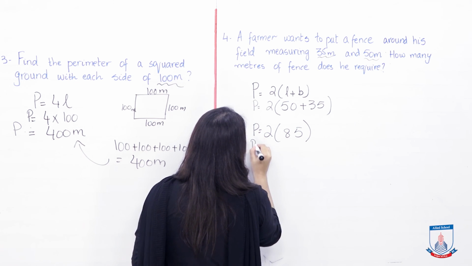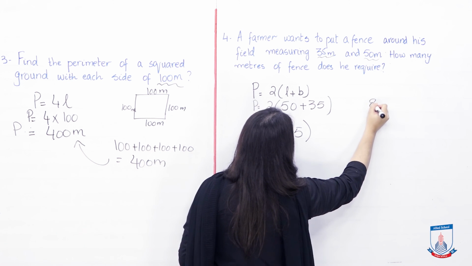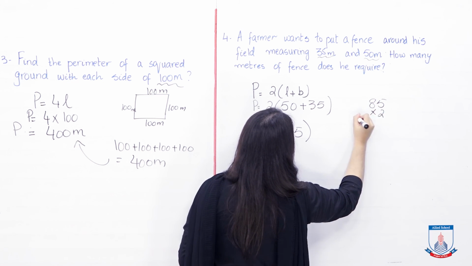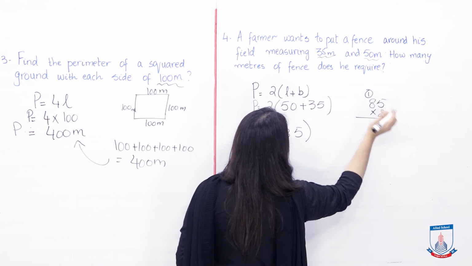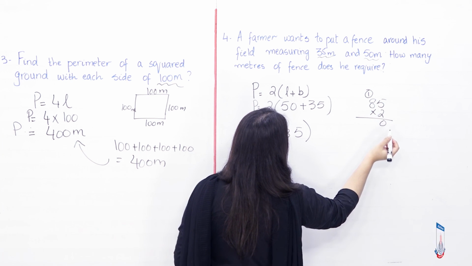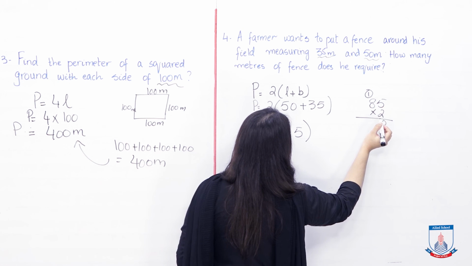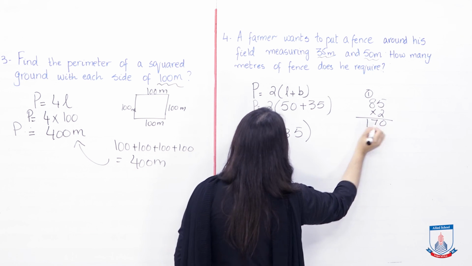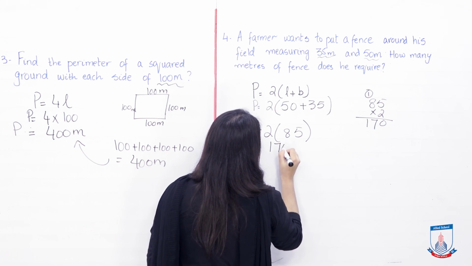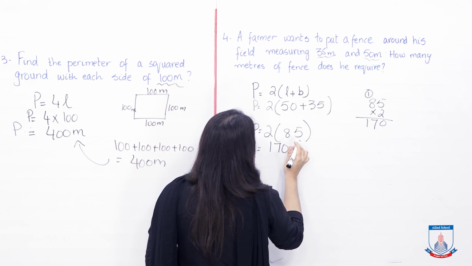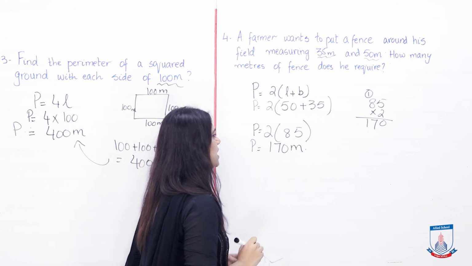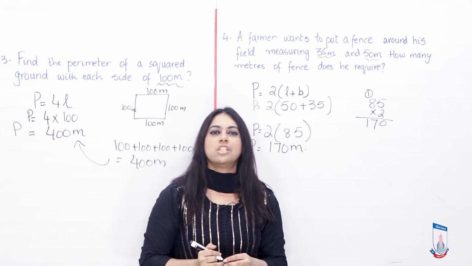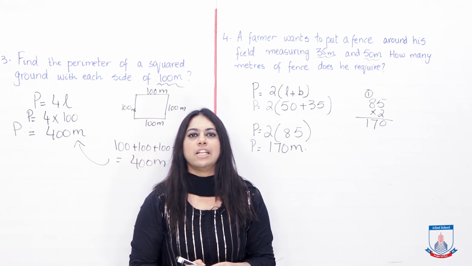Multiply 85 by 2. 2 times 5 gives you 10, carry 1. 8 times 2 gives you 16, and 16 plus 1 gives you 17. So what is the perimeter of this rectangular field? It is 170 meter. So students, we are done with the word problems related to perimeter.